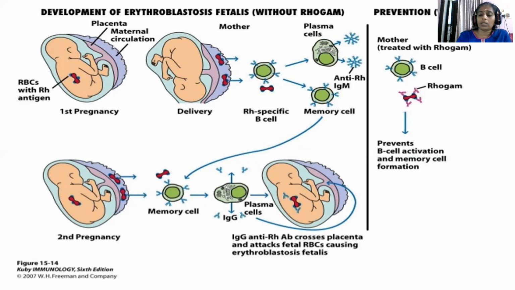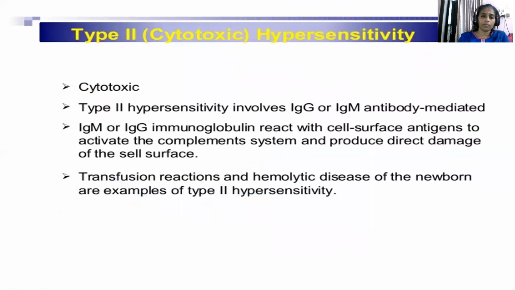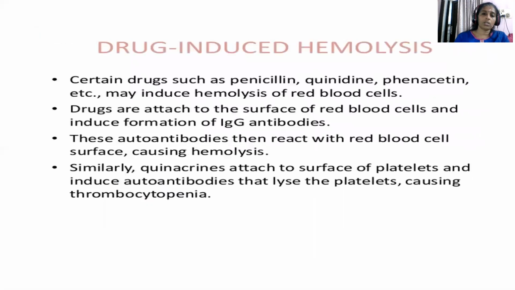This is a cytotoxic mediated or type 2 hypersensitivity reaction. So type 2 hypersensitivity is called a cytotoxic reaction. This involves IgM or IgG antibody mediated reactions, and the transfusion reaction and hemolytic disease of the newborn are examples of this hypersensitivity reaction.